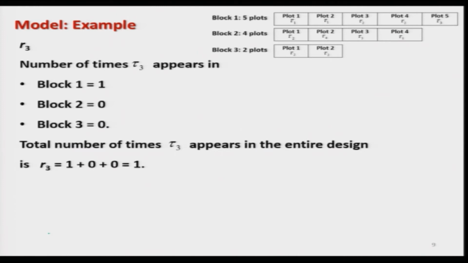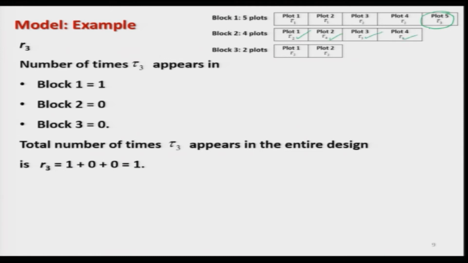And similarly, for R3, we count how many times treatment number 3 is appearing in blocks 1, 2 and 3. You can see in block number 1 tau 3 is appearing in plot number 5. In block number 2, there is no plot where treatment number 3 is appearing. You can see it is 2, 4, 5 and 5.